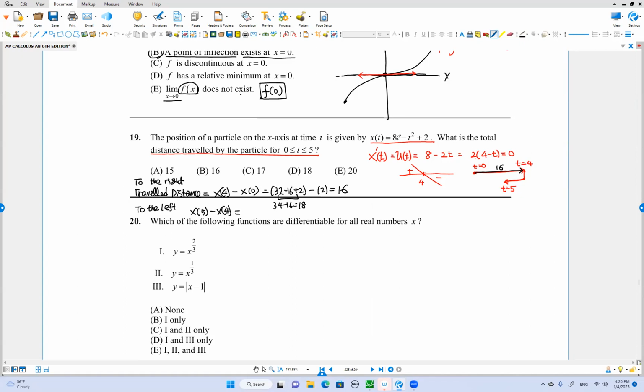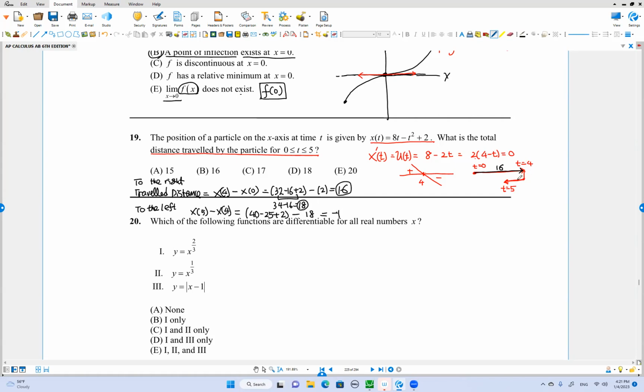When t is 5, how much? 8 times 5 is 40, minus 25, plus 2, which is 17. And x(4) is 18, we already got it over here. So 17 minus 18 is negative 1, right?